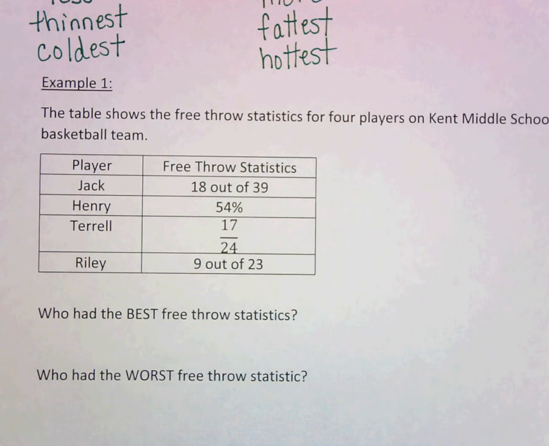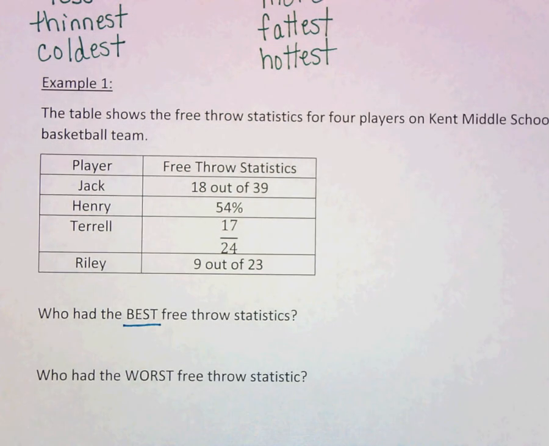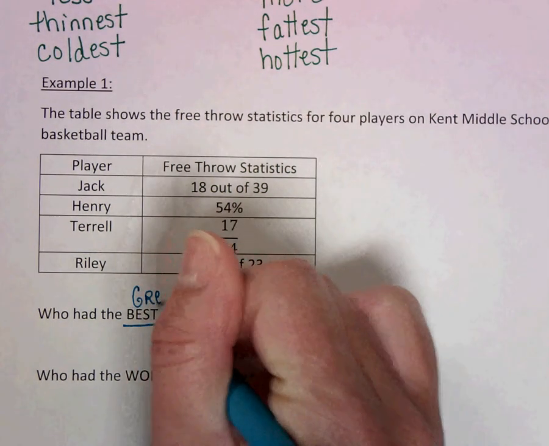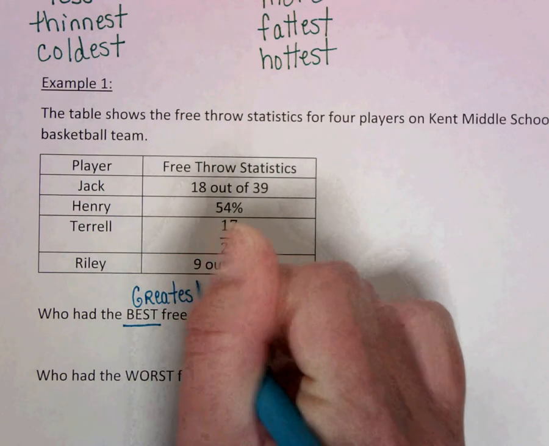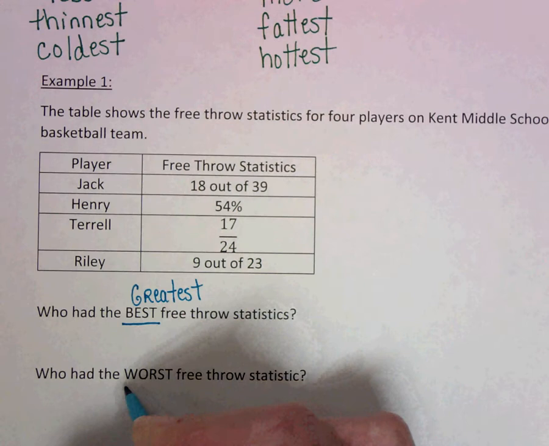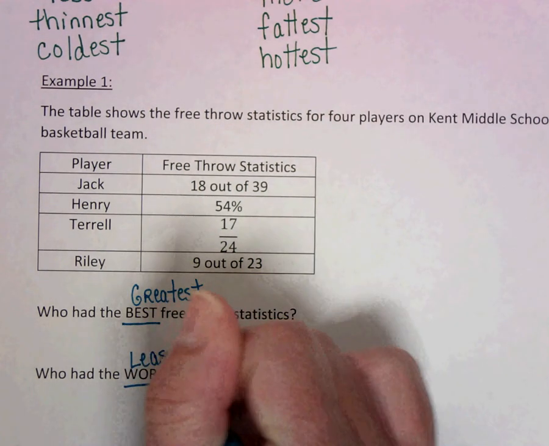If we're talking about free throws, those of you who love basketball can probably relate to this, the best free throw statistic is the greatest or the highest number. I don't want to send somebody to the free throw line who could only shoot 25% of their free throws. That would be terrible. We're not going to win the game. And in this case, the worst would mean the least, the smallest number.